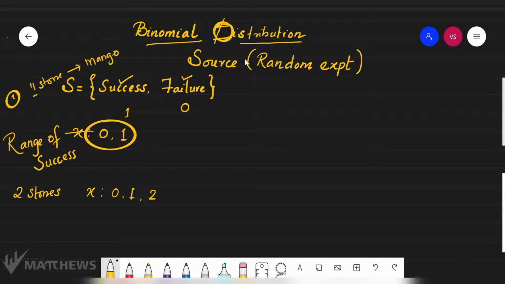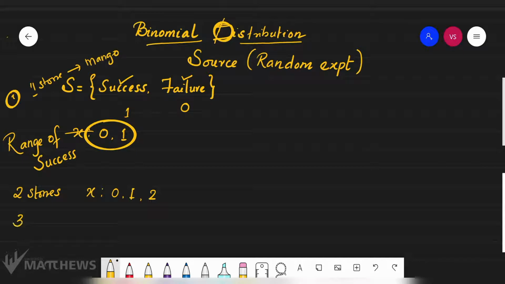What does 2 indicate? Two stones may hit the mango. So the chances are either 0, no stone may hit; 1, one stone may hit; or 2, both the stones may hit. Okay, so this is it. What if we have 3 stones, students?